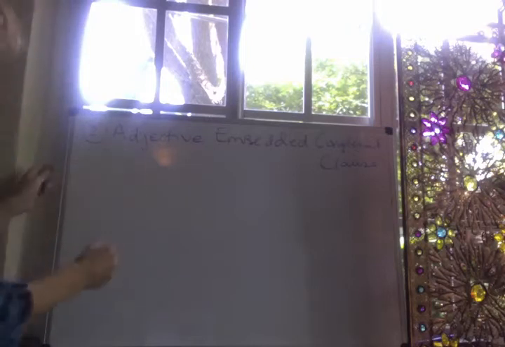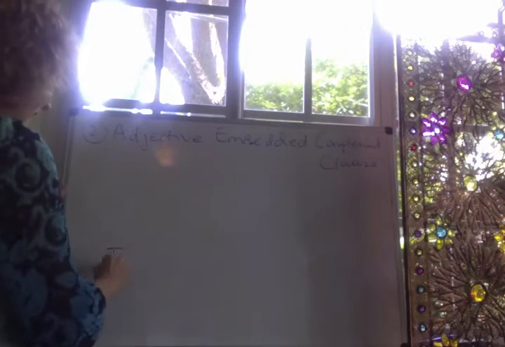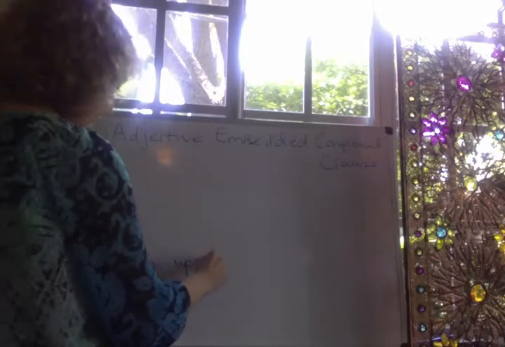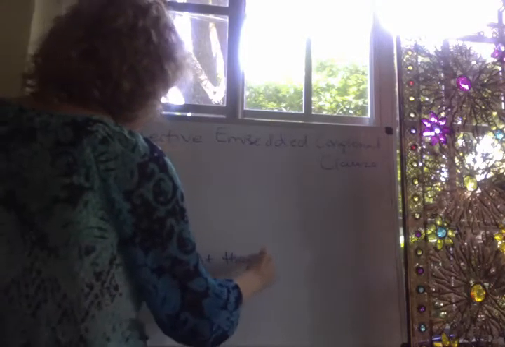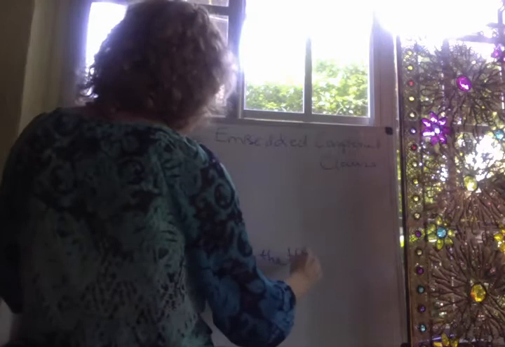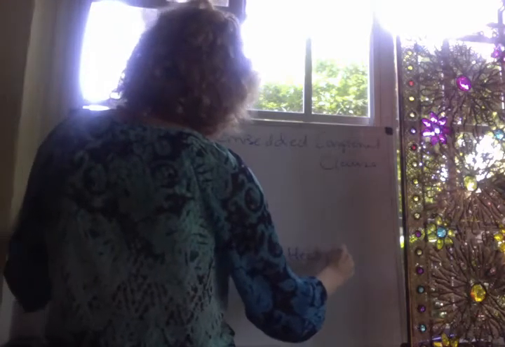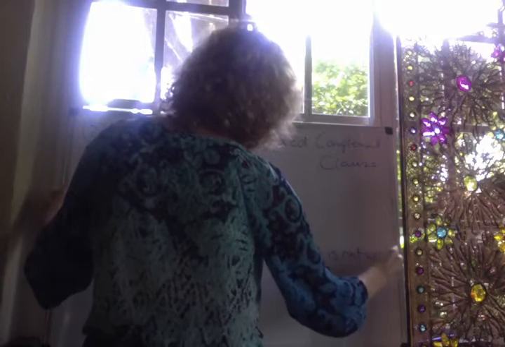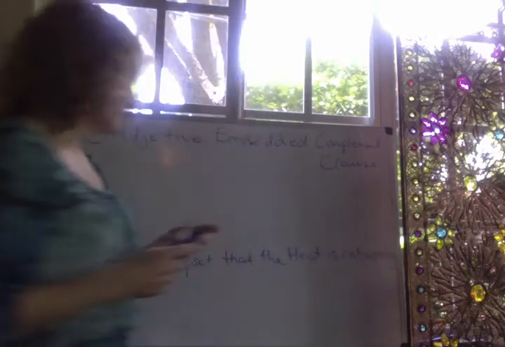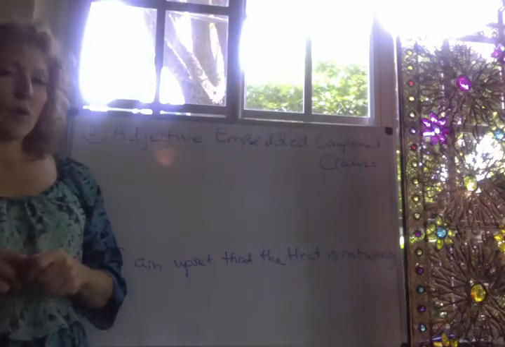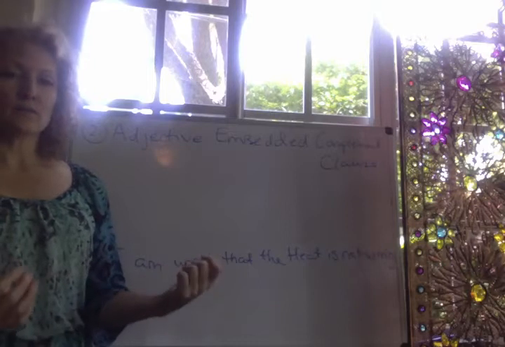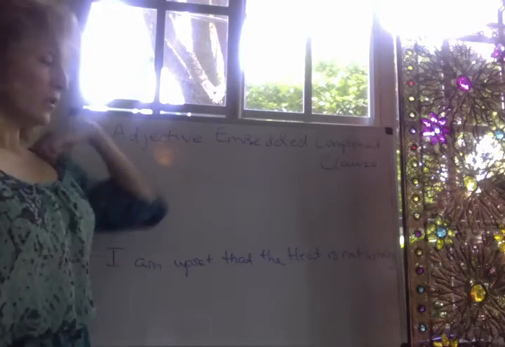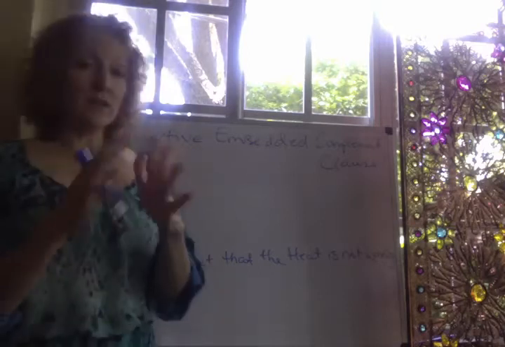So for example, if you say something like, I am upset that the heat is not winning. Okay, so I am upset that the heat is not winning. What is going on here in terms of how you are going to analyze the whole structure? You know that the whole structure is always going to be your main clause.